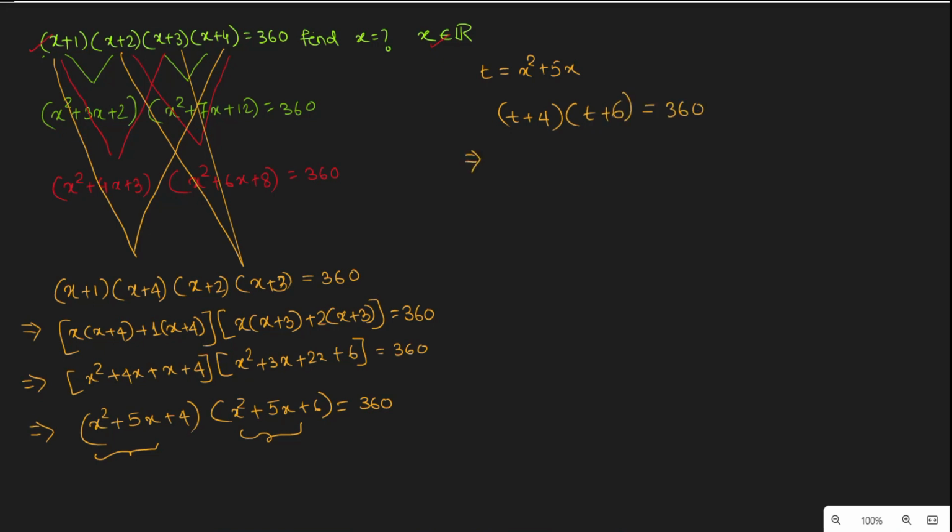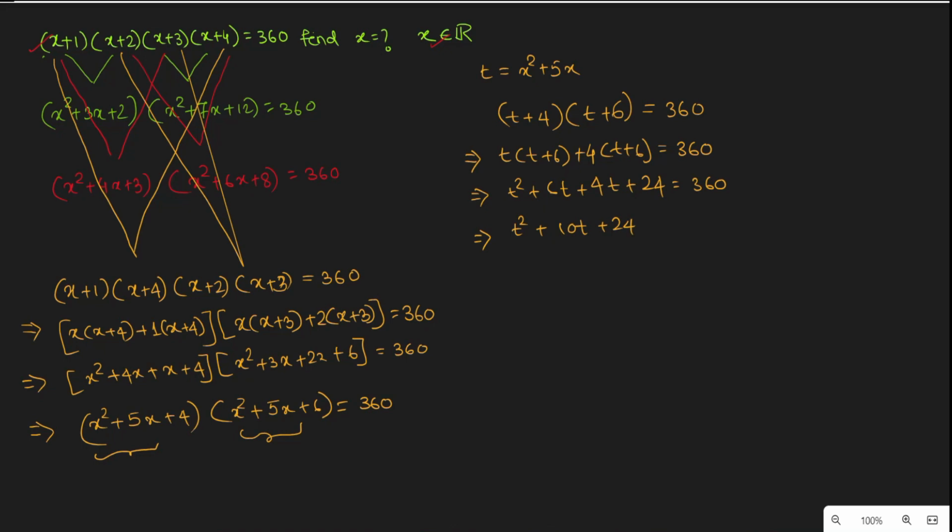Let us multiply these two expressions. t(t+6) + 4(t+6) = 360. Then this will be t² + 6t + 4t + 24 = 360, which is t² + 10t + 24.